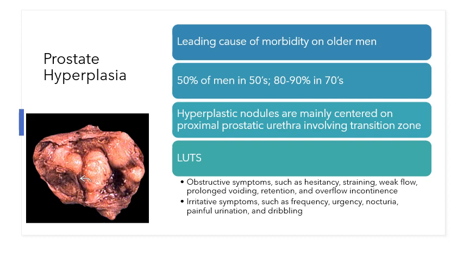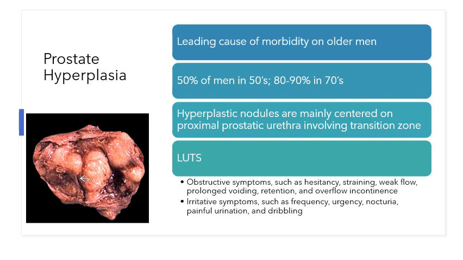Up to half of all men in their 50s will demonstrate significant prostatic hyperplasia, and as one gets older, it becomes an almost universal phenomenon. As I've said, these hyperplastic nodules involve the central zone, so they tend to be centered on the proximal prostatic urethra in the area of the central and transition zone.